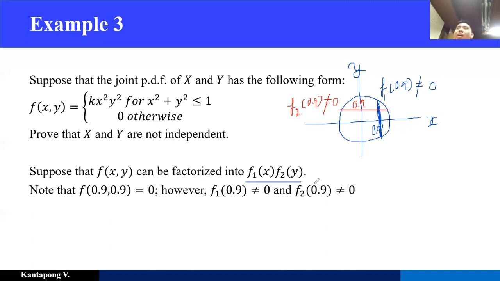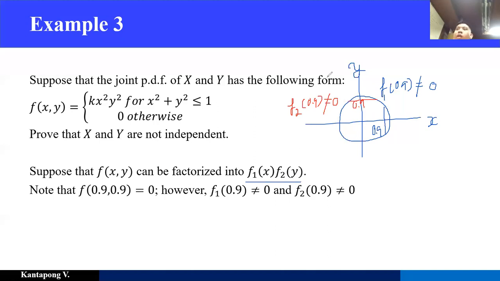But what about 0.9 and 0.1? If we intersect, I think this picture may not be correct. Let me draw a new one. 0.9 is here for the red one, and for the other one it is here.